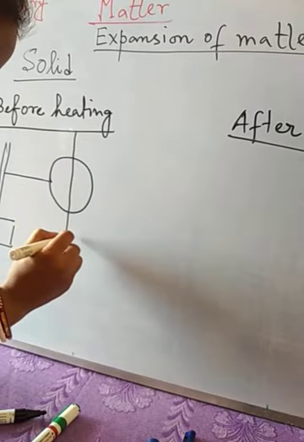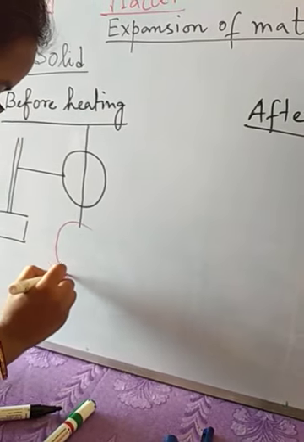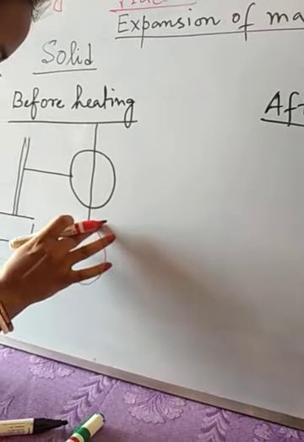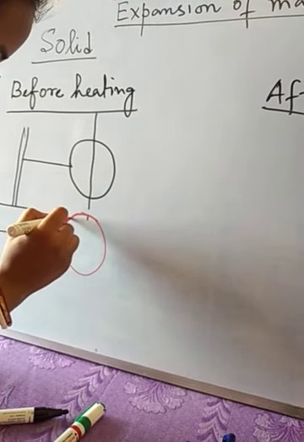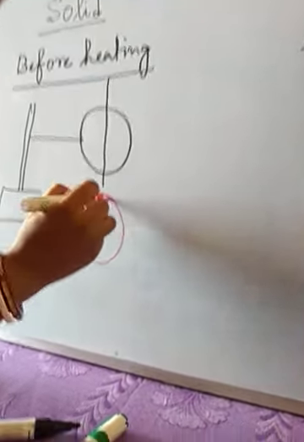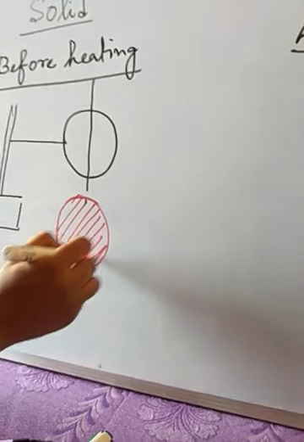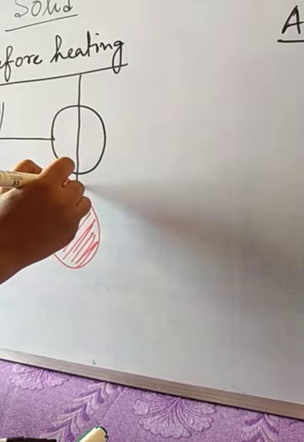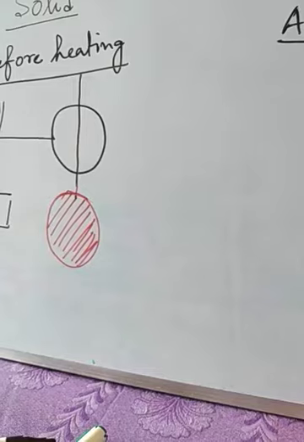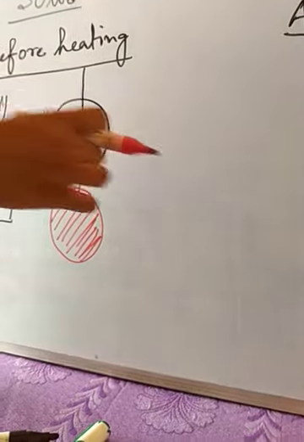Here we will be drawing the ball which has already passed through this ring, inside of the ring.